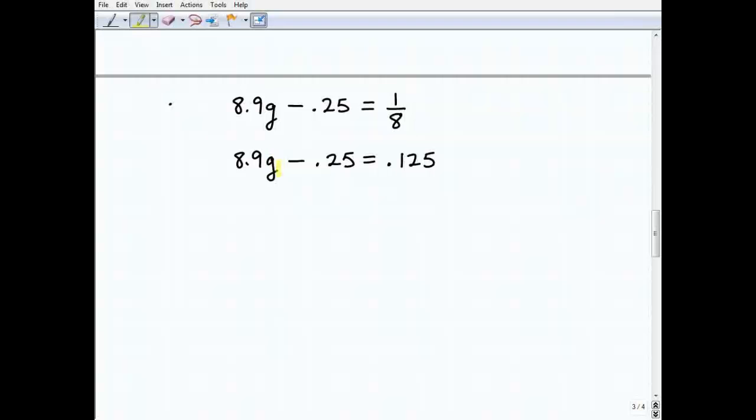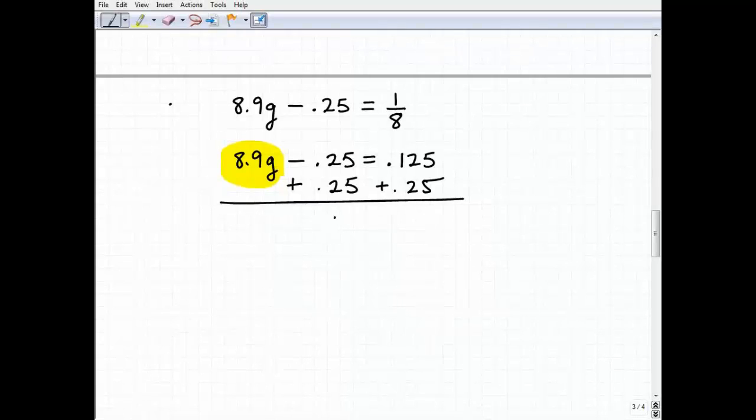Okay, so now let's isolate this variable term here. I'm going to add 0.25 to both sides of the equation, and I get 8.9g equals 0.125 plus 0.25, which is equal to 0.375.